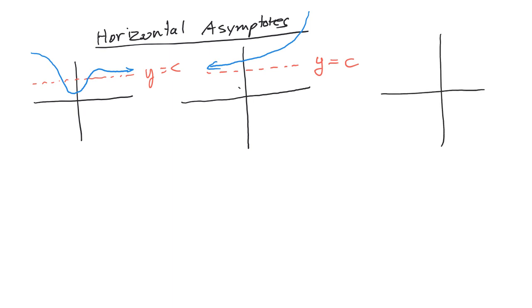We have our horizontal asymptote at y is equal to c, and instead we've got something going on like this. All right, so let's say what these mean as x goes to infinity and negative infinity with respect to these asymptotes.